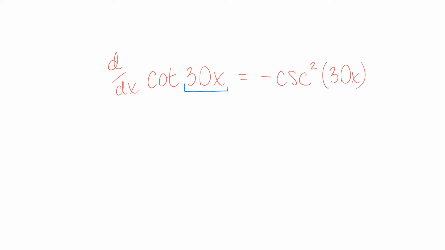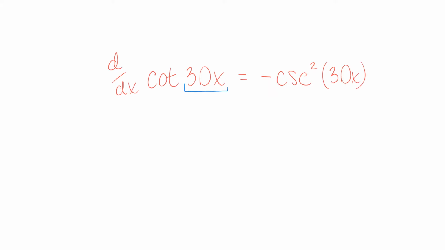Let's try another one. What if we have the derivative of cotangent 30x? All right, so the x here in this case is 30x. The derivative of cotangent is negative cosecant squared x, and in this case x is 30x.